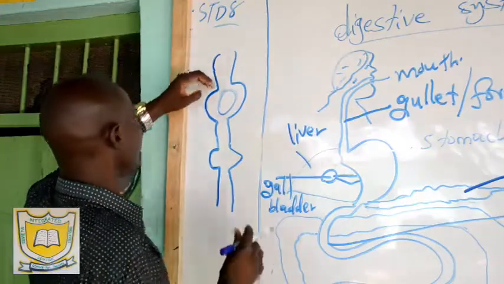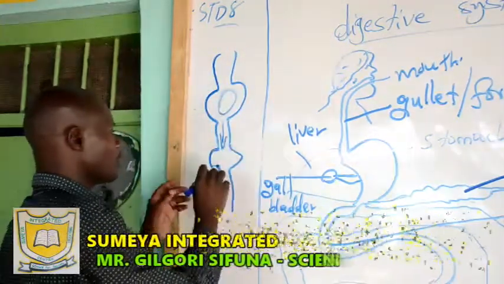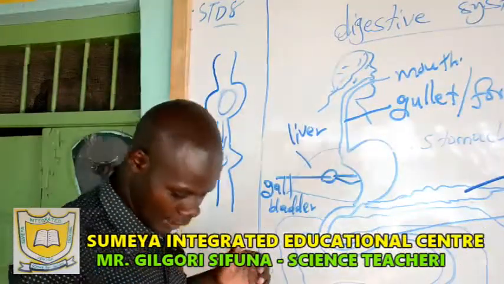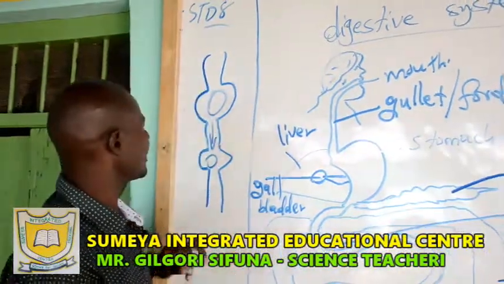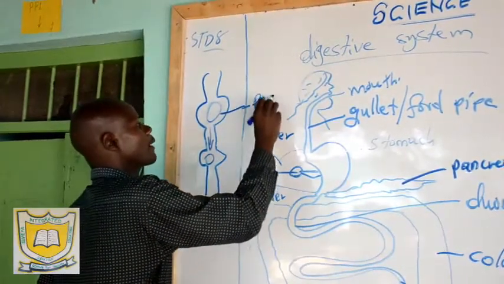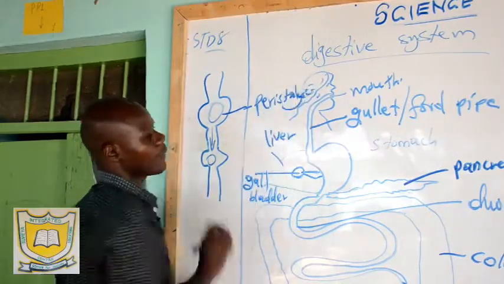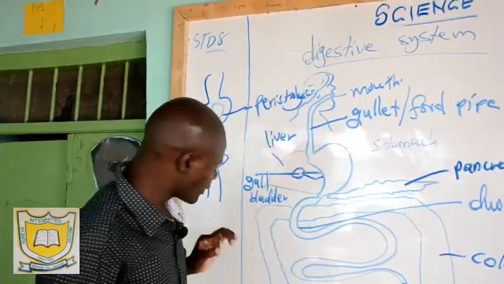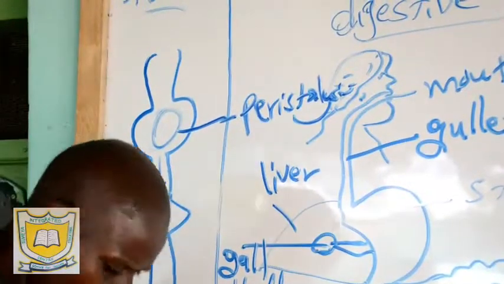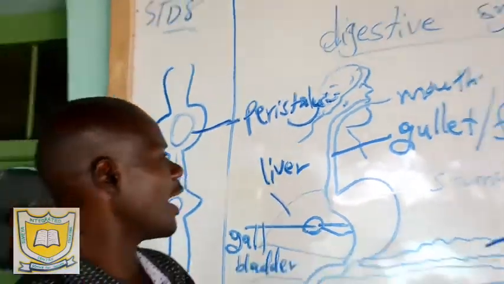So it moves as the gullet opens, and the food continues as it reaches there. Now, what is this process? This process we call peristalsis.